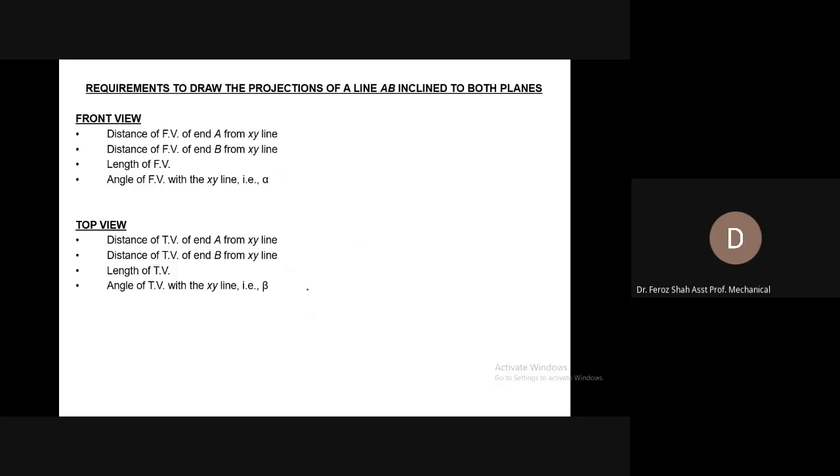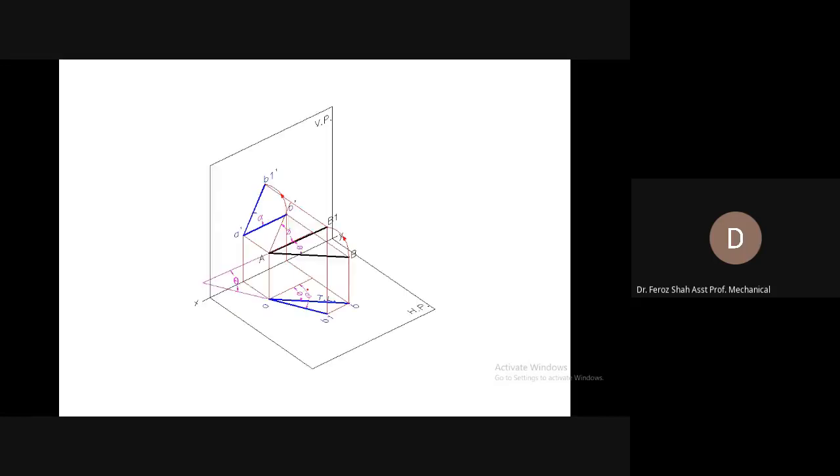Requirement to draw the projection of a line AB inclined to both planes. So you have seen here that the dependence of the front view is with respect to the angle phi. If you increase the inclination with the vertical plane, then the front view would get shorter and shorter.